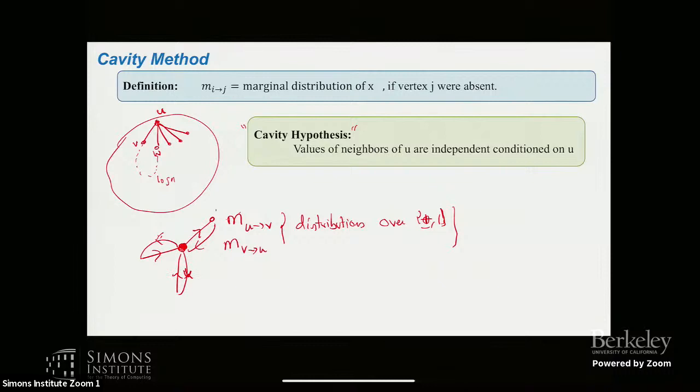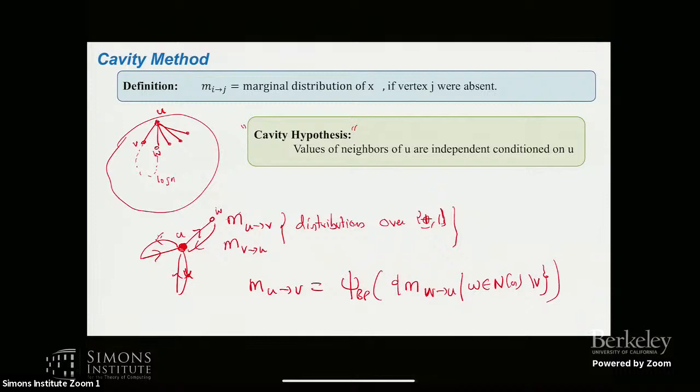At every node, for every edge, M U to V, for instance, the message out of U towards V is some function psi BP of the incoming messages on the remaining edges, M W to U, W in the neighborhood of U, but not equal to V. In a tree, intuitively we started with this idea that there's a root and this is a special direction, and the message to the root is a function of the messages you get from the children.